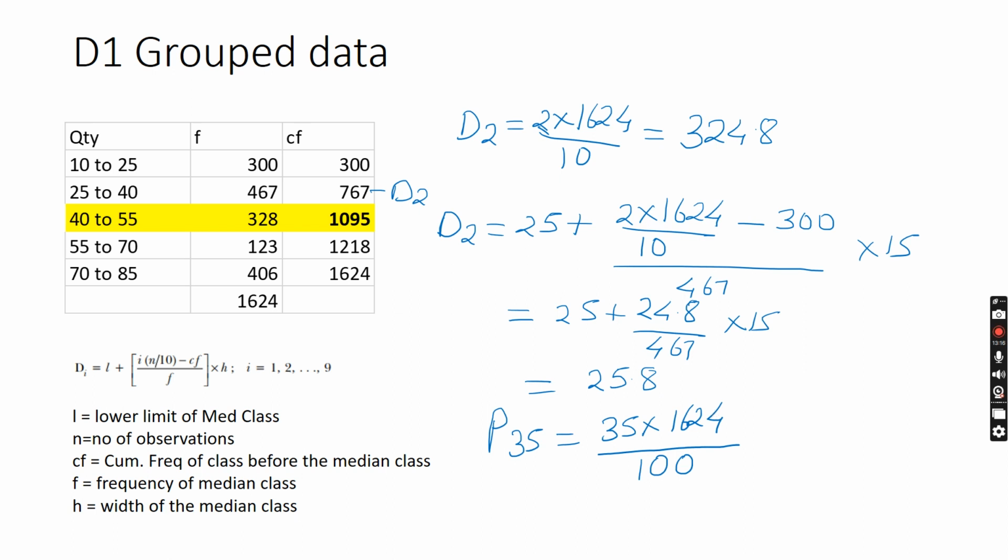So 35 into 1624, that is 56,840, divided by 100, is 568.4. If I look up the table, 568.4 again would be in this class. So P35 lies here, and we can use the same formula here: L plus 35 into N upon 100 minus CF. So please go ahead and calculate for P35.